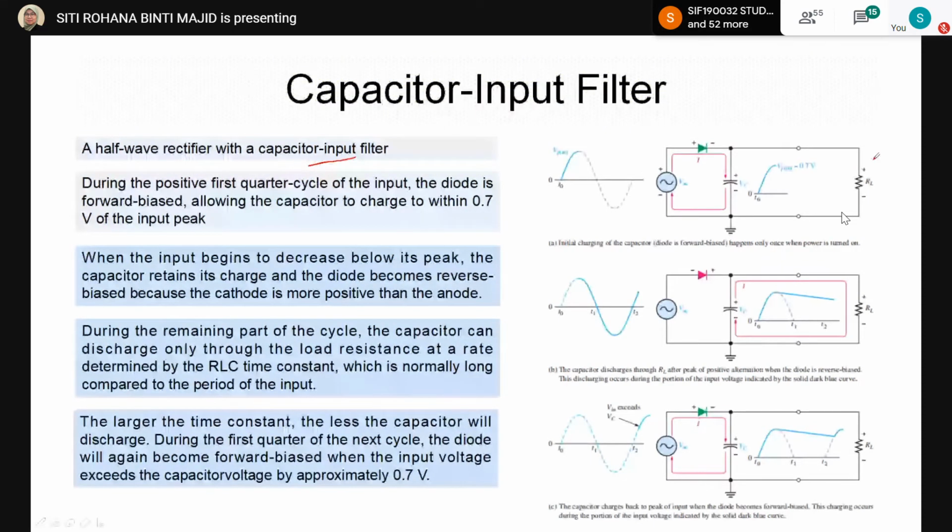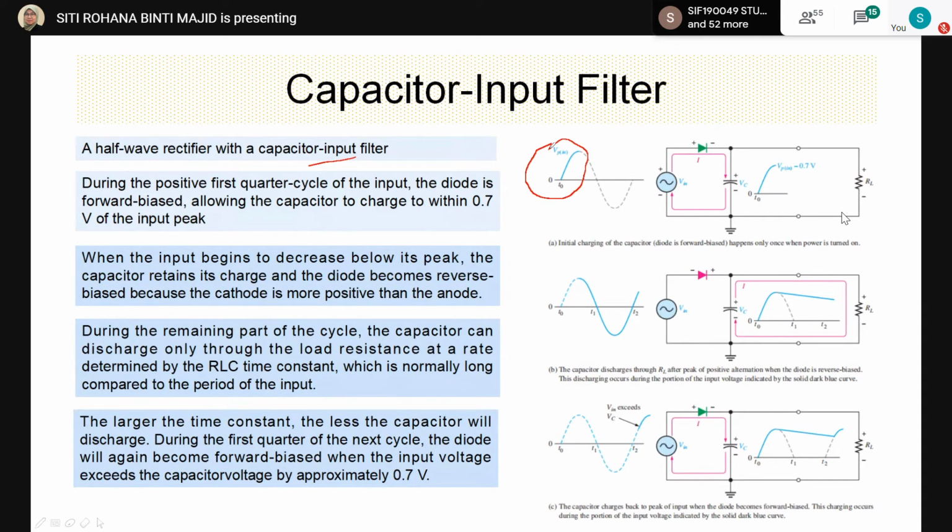Okay, so during the first quarter cycle of the input, what happened? We know our diode is normally a silicon type. That means it will have a barrier of 0.7 volt.